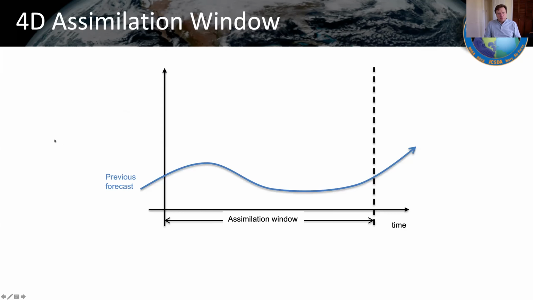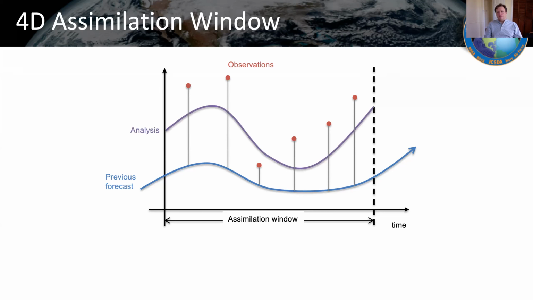Another reminder about how data assimilation works. Typically, we have an assimilation window and we have a previous forecast, which we call the background, over that assimilation window. Then we have observations over that window. So again, typically for a global forecasting system, that would be a 6-hour window. Then from these observations and the previous forecast, we can compute the differences between the forecast and the observations over the window.